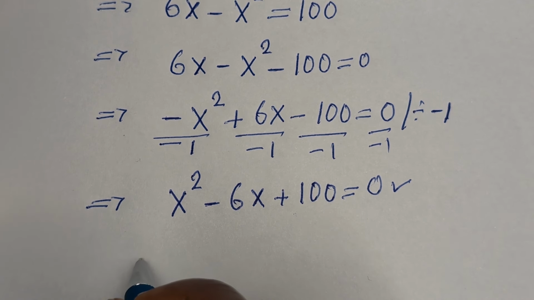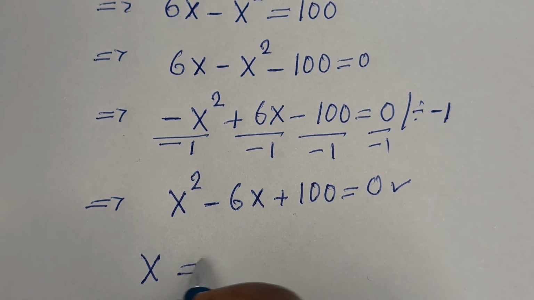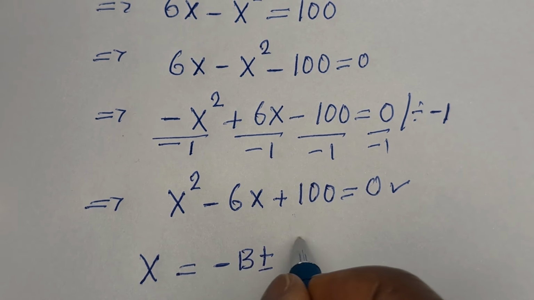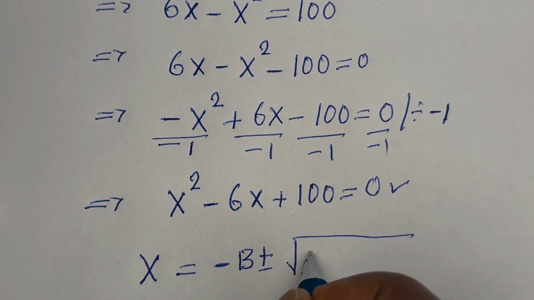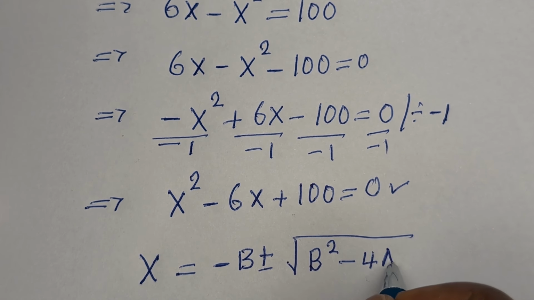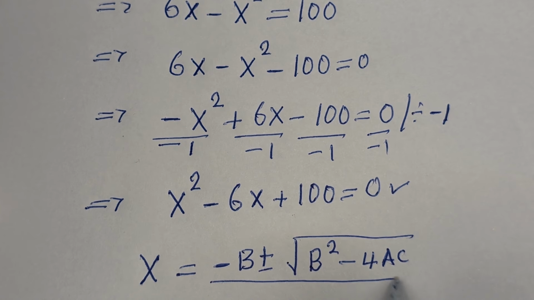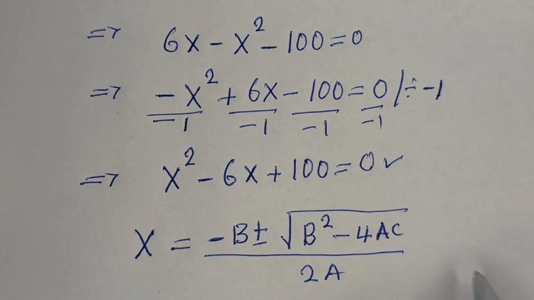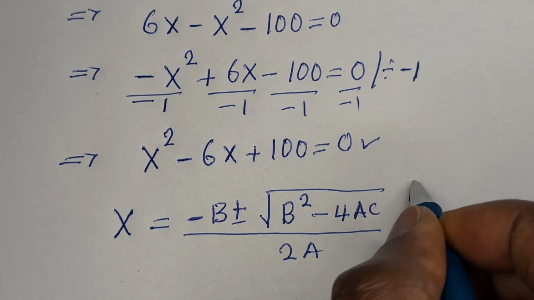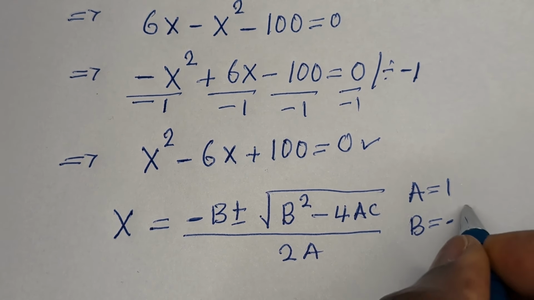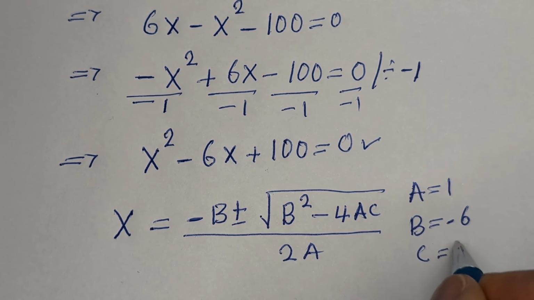From the quadratic general formula, s is equal to minus b plus or minus square root of b square minus 4ac over 2a. And from this equation, a is equal to 1, b is equal to minus 6, c is equal to 100.